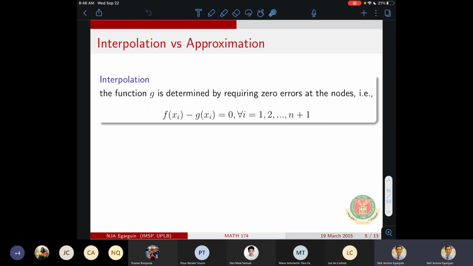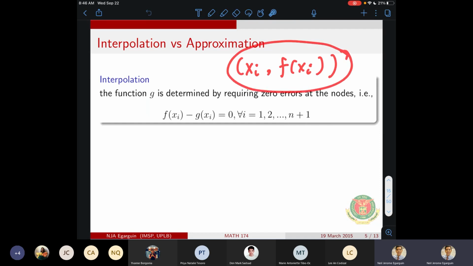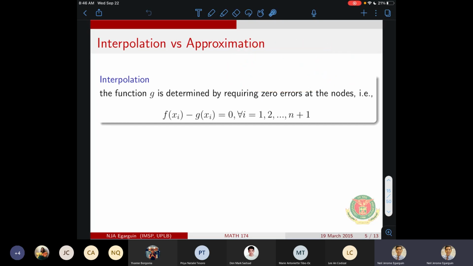Remember, given lang tayo kanina ng x_i, f of x_i, right? So gusto ko yung function g na mag-i-imitate doon sa dataset ay dadaan eksakto doon sa mga x_i, f of x_i na given sa problem. The idea is, what better way to do the approximation than by fitting a function that will pass through exactly the given data points.